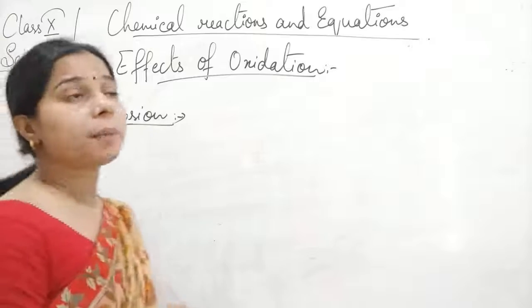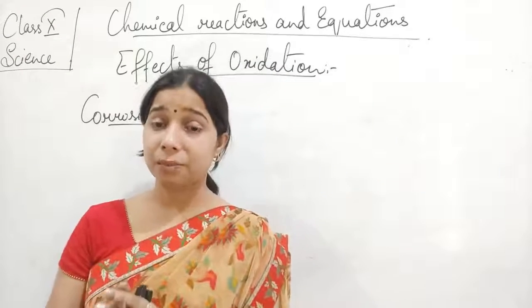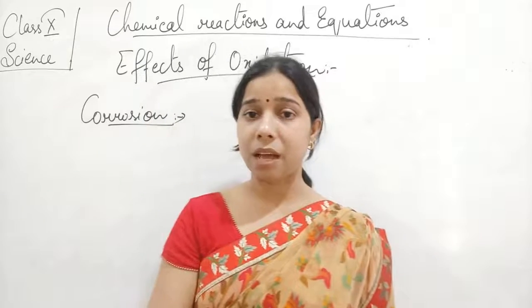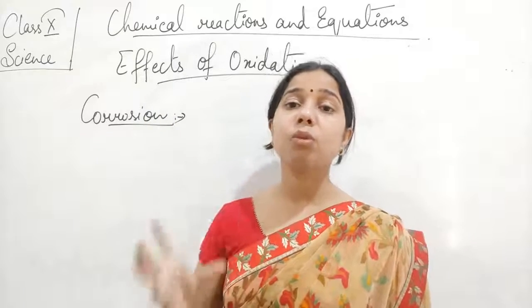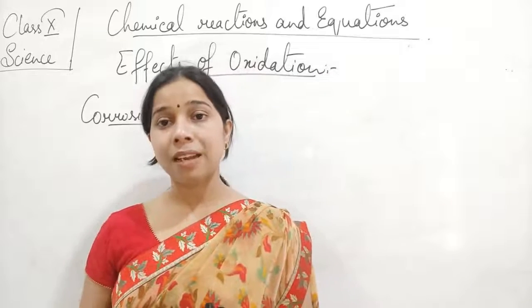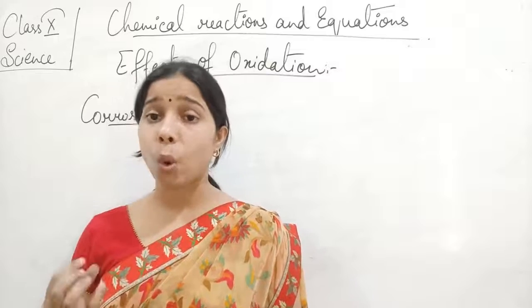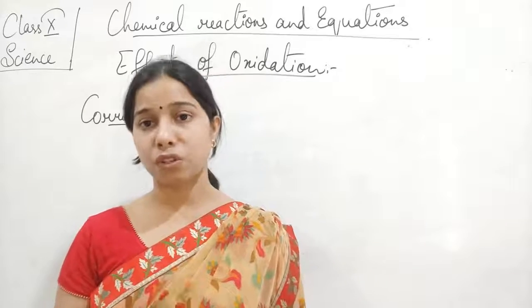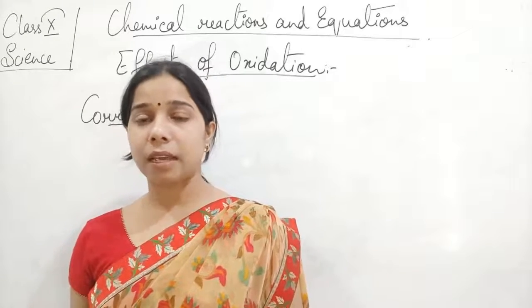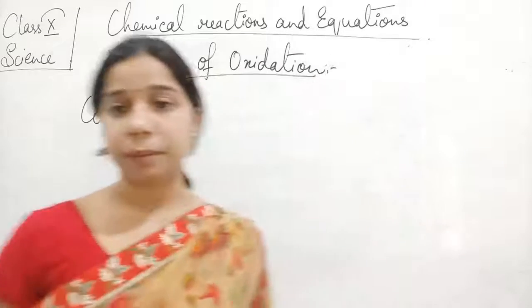Second one, combustion, students. Combustion of any substance, meaning burning of substances, also involves the use of oxygen. The process of combustion will continue or be completed only in the presence of oxygen. It means if oxygen is there, only then can combustion occur smoothly.